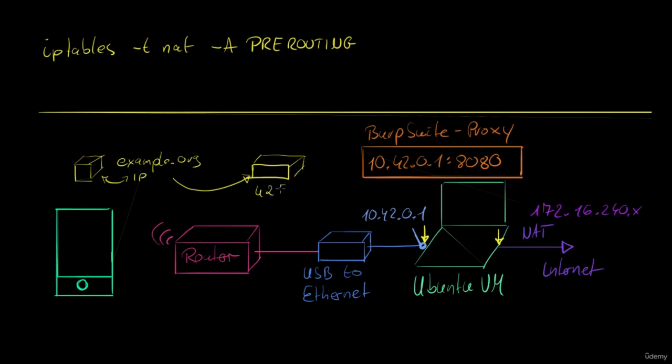Let's write it in this way. If it arrives at this interface, we want to change the routing of this package right now. And this is exactly what we want to have. Because instead of going this way, we want to change the routing to go this way, upwards to our Burp Suite.